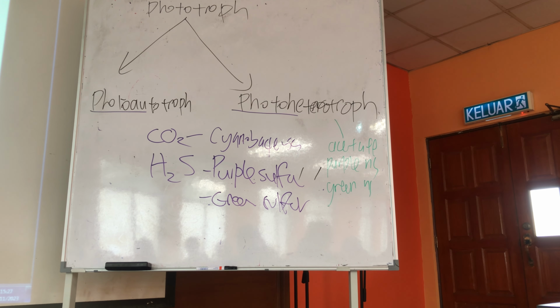In reality, the carbon that the purple and green sulfur bacteria use is carbon dioxide. Basically both fix carbon dioxide into organic compounds, the final organic compound, in this case, glucose.